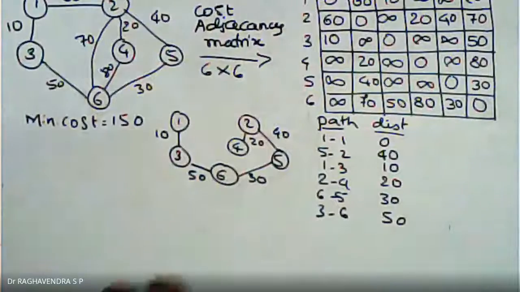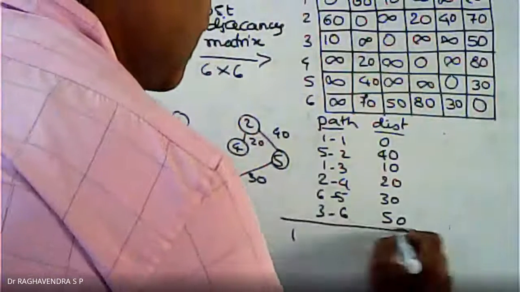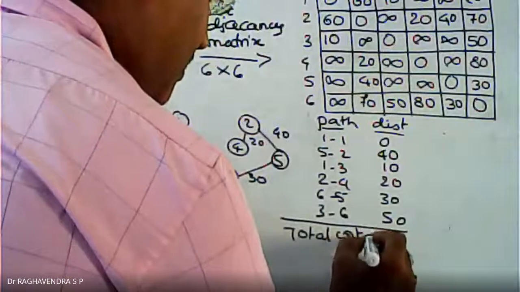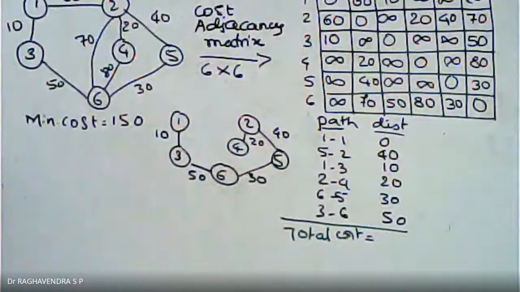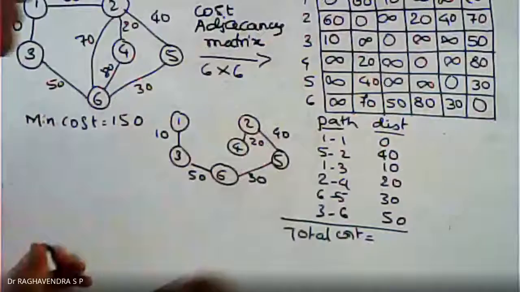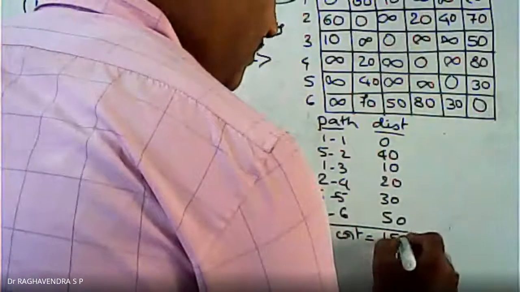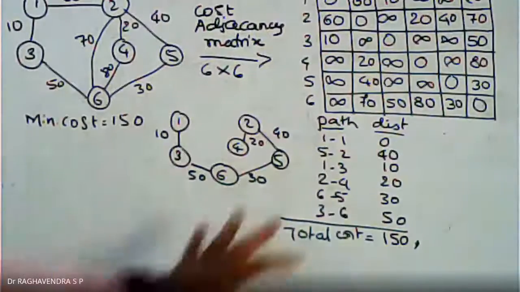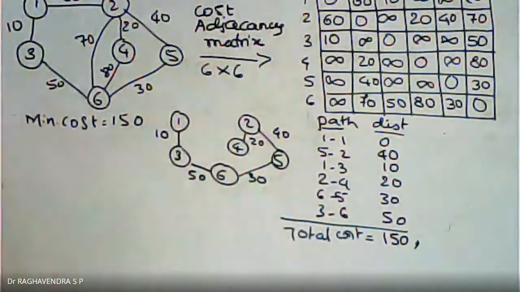Okay, the total cost is how much? 150. 150. Write this down.